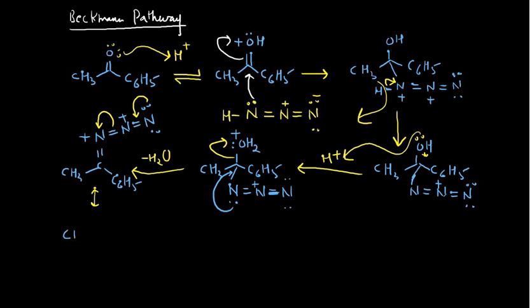This was your CH3, this was your carbon, this was your C6H5, and that carbon with double bond nitrogen. Now, this would become single, and of course, the positive charge would be there, and this would now be triple bond nitrogen. This is the intermediate you have.